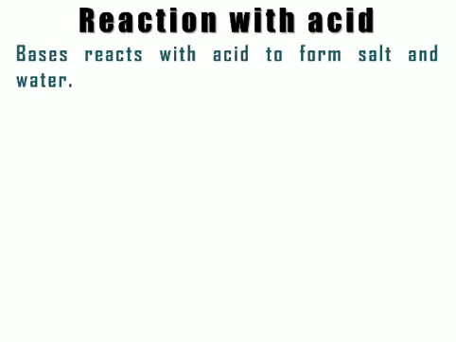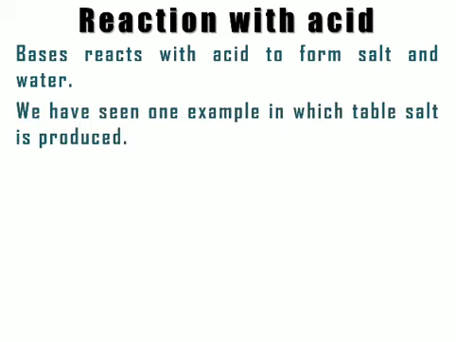Now moving on to the chemical property, in which we discuss the reaction with acid. When bases react with an acid, they form salt and water. We have already seen one example of the formation of sodium chloride with sodium hydroxide, that is a base, and hydrochloric acid.